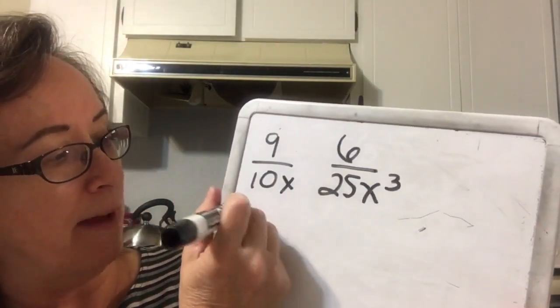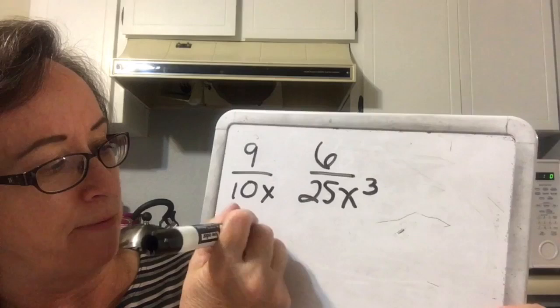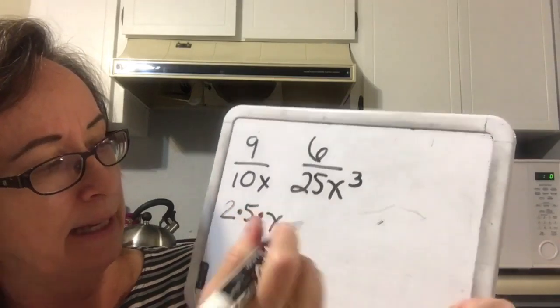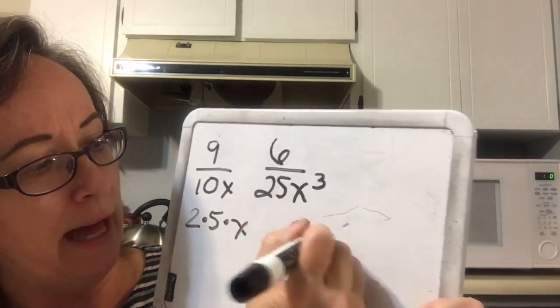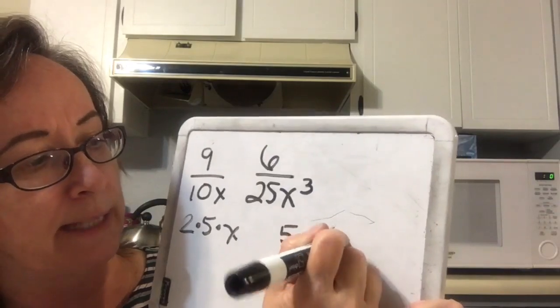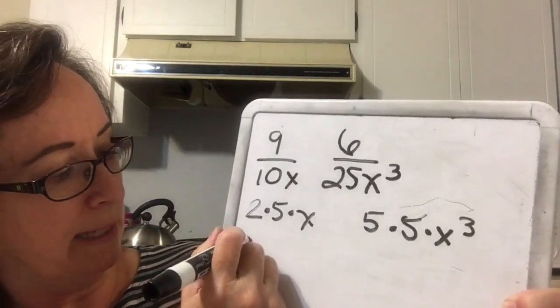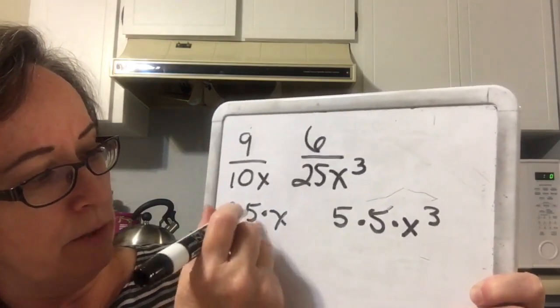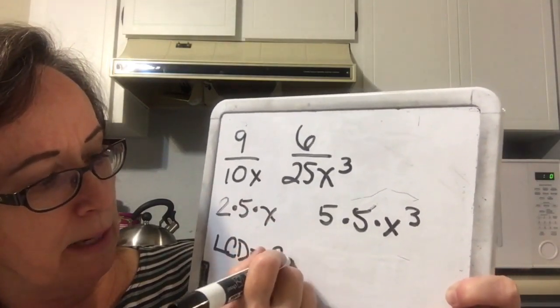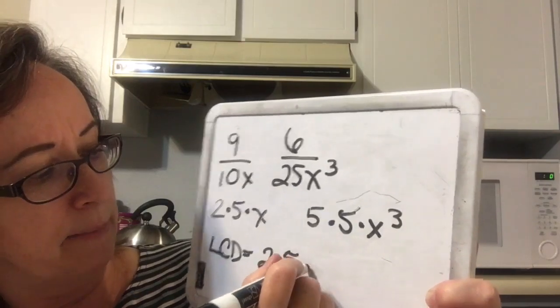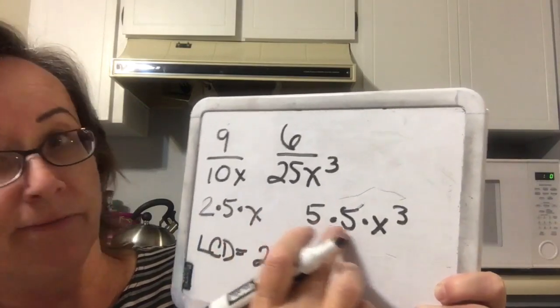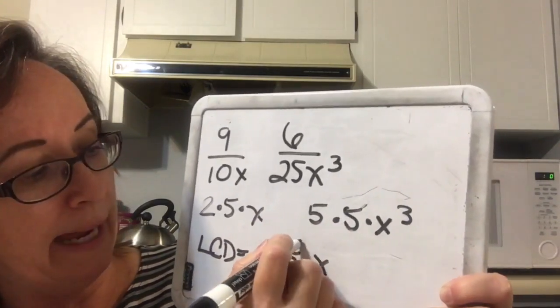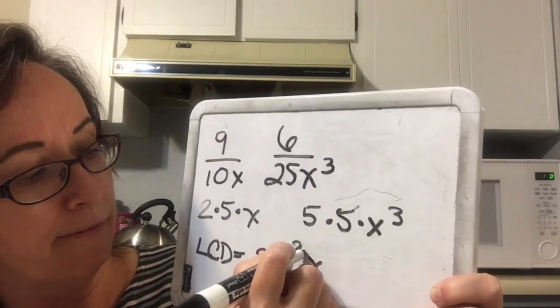So this one would factor as 2 times 5 times x. And this one would factor as 5 times x cubed. So my least common denominator is going to be 2 times 5 times x. And then this one has a 5 squared, so I am going to need a 5 squared.